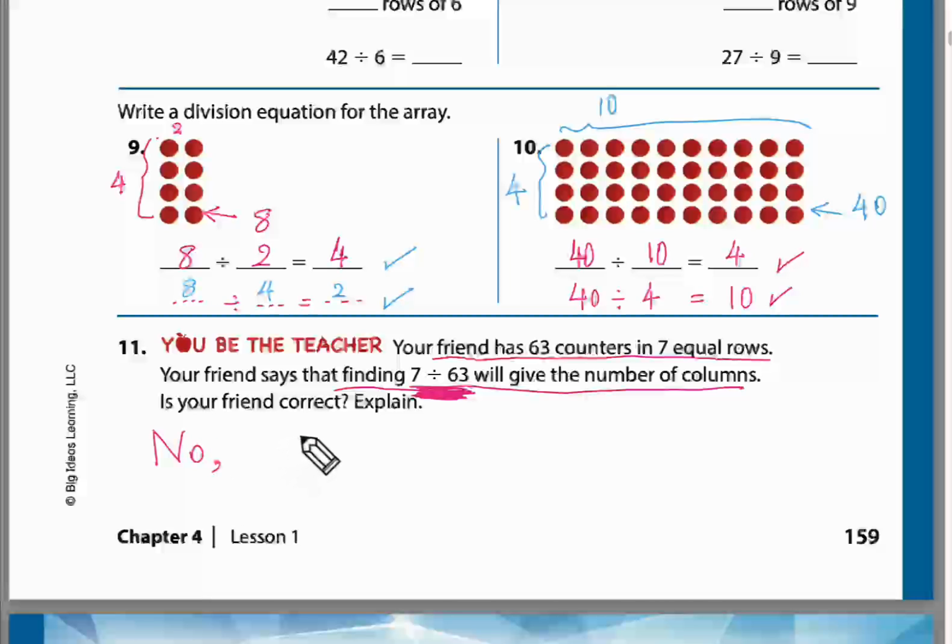Because the total number of counters is 63. So the sentence should be 63 divided by 7 gives the number of columns. So let's change the color. Okay, so 63 divided by 7 gives the number of columns.